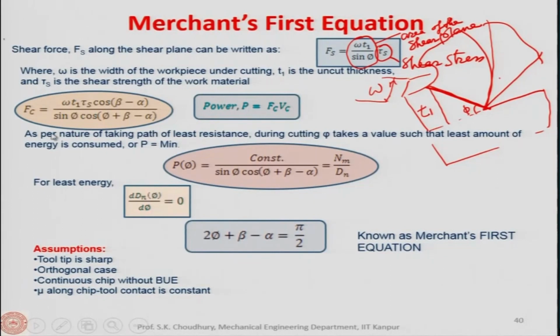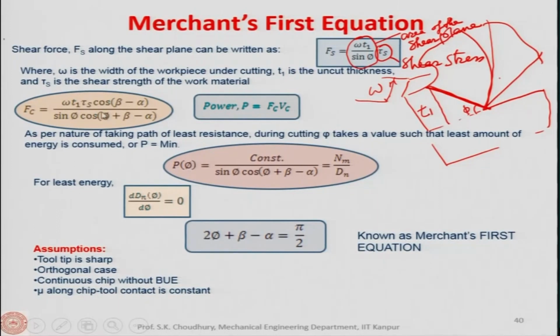Now, the P, if you see here, you put the value of Fc and multiply with the Vc. Here all these terms will be constant if you take the P as a function of phi, meaning that as the phi is changing, we have taken P as a function of phi.